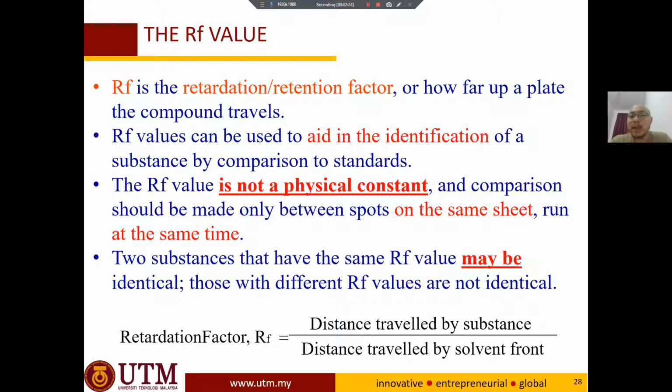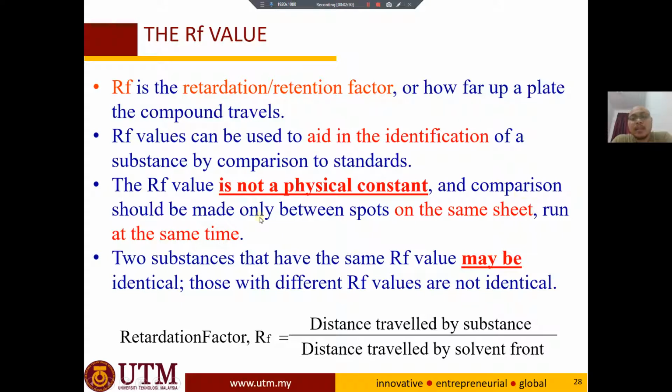That's why we can only screen the possibility that the compound is the same, but we cannot really confirm that the compound is really the same. That's why I mentioned here the RF values can be used to aid in the identification by comparison to the standards.